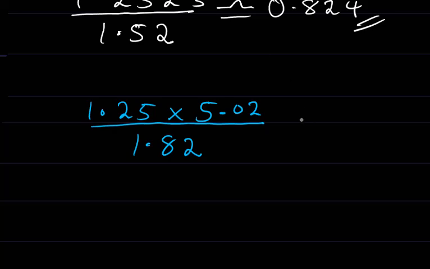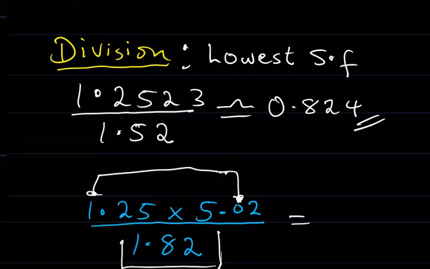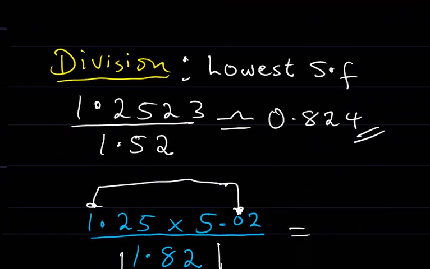First of all, you work on the numerator, then approximate it using the same significant figures as the number with the highest significant figures. Then you now perform the division. So please take note of that.